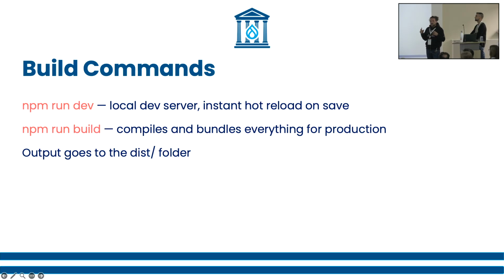Now, once we build our component with our JS, we need to run the build command. We run npm run dev if we are developing locally, so we want to see the changes as soon as they happen, or we run npm run build that compiles and bundles all the files into one big file only.